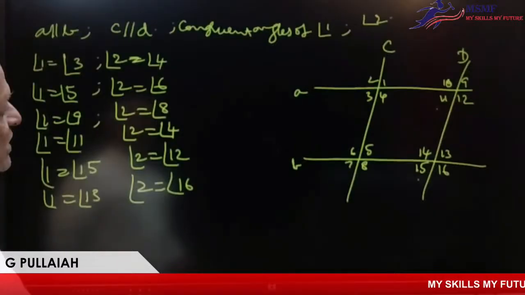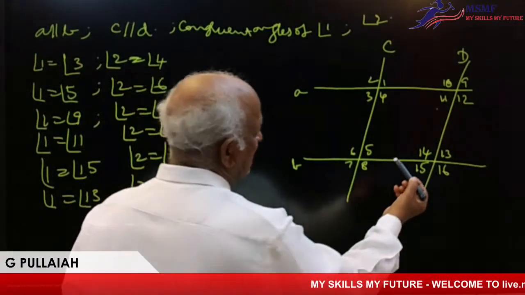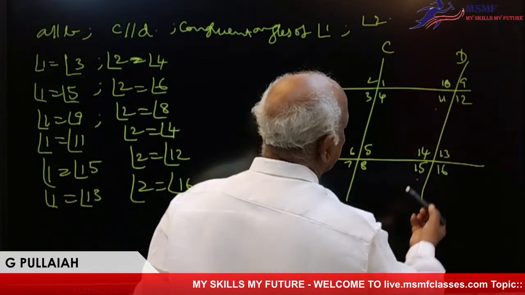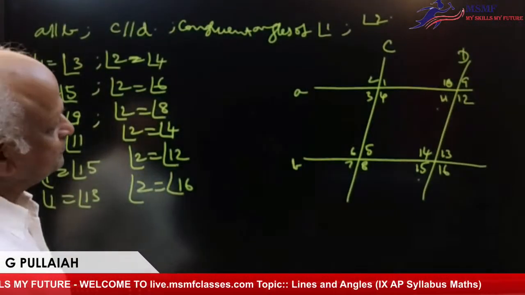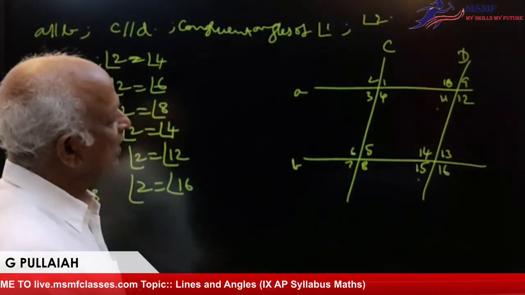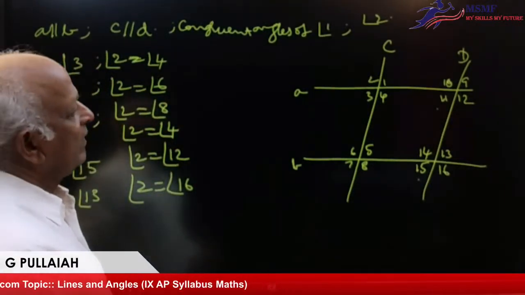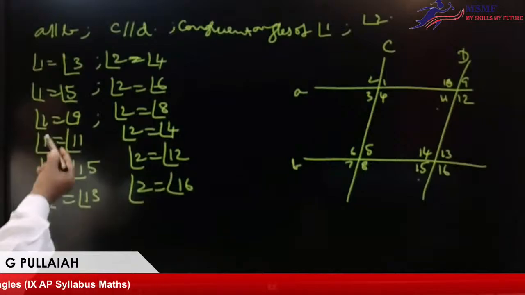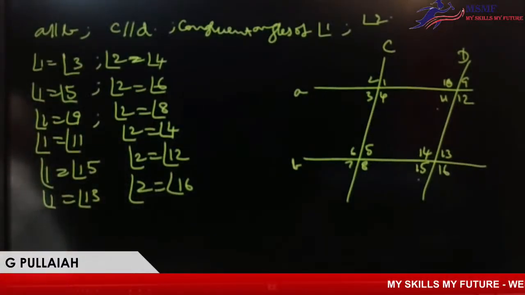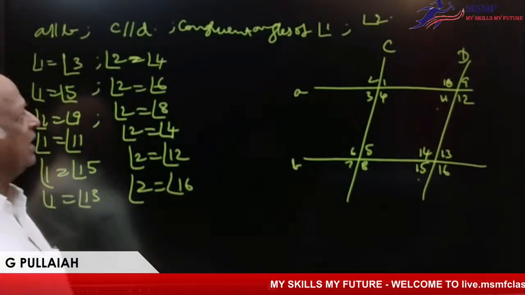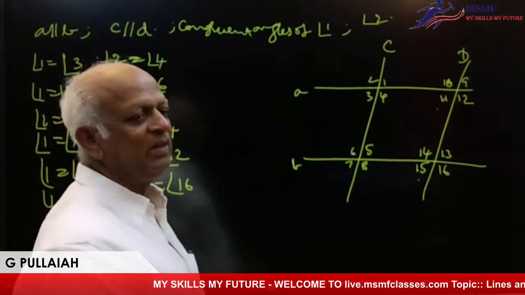Here again, angle 15 is equal to angle 13 also. Angle 15 is equal to angle 13. Alright, so in this way we can find out the congruent angles of the given lines. Think very carefully about the idea of congruency, where they are equal pieces.